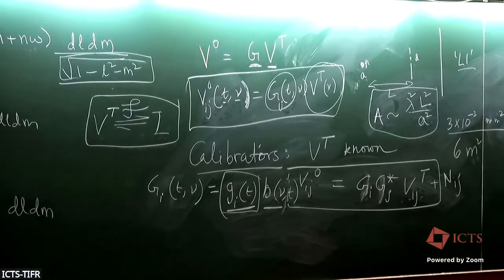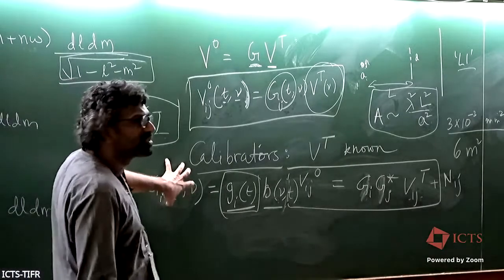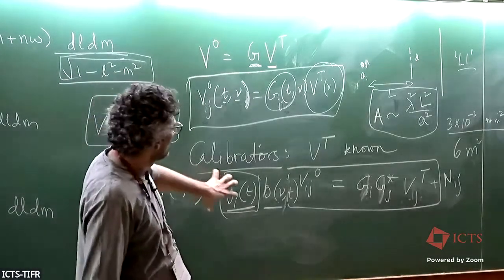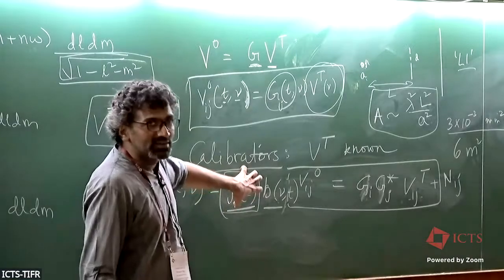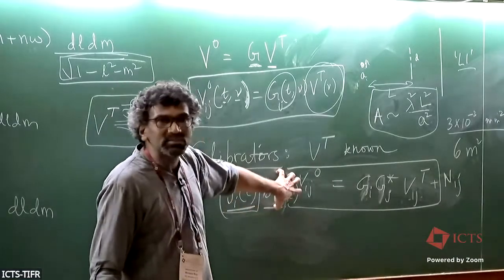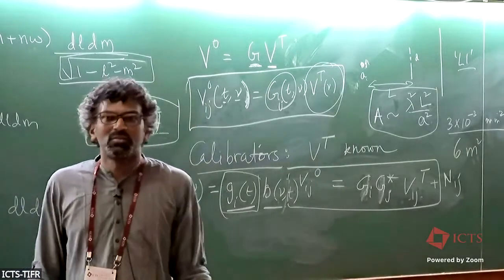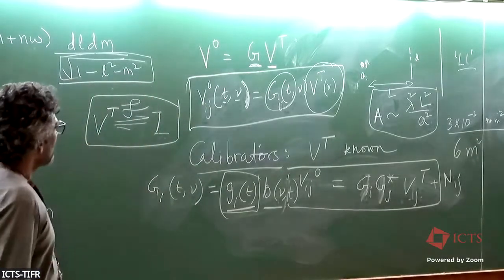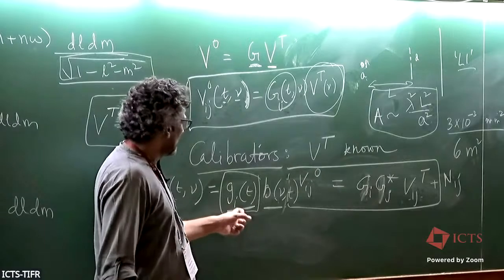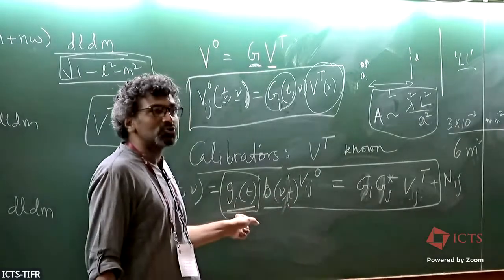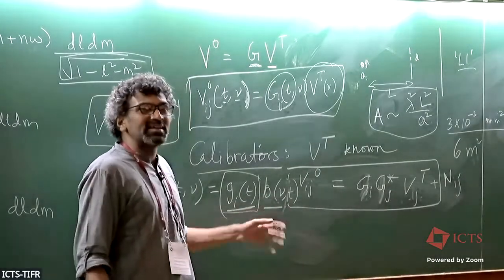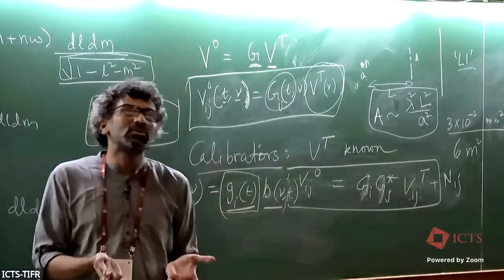But this is a generic prescription: you can assume this to be a time and frequency dependent thing, which can be divided into a time dependent part and a frequency dependent part, which is also weakly changing with time. And normally one of these parts will also need to take care of your overall amplitude scaling.